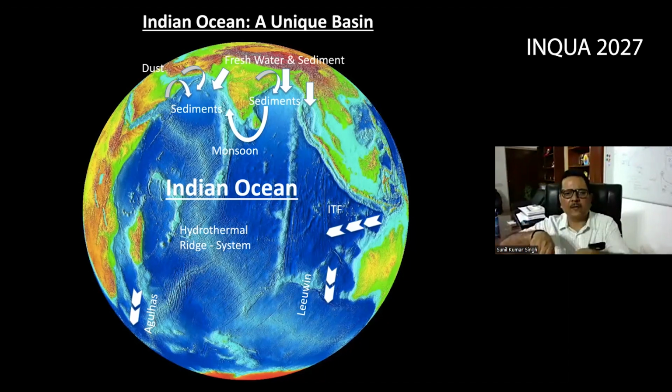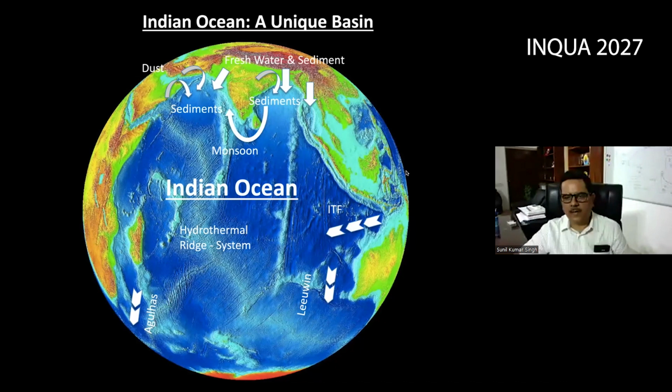And here again, oxygen supply from the southern sources is very low, so here also we have a low oxygen minimum zone, and that is getting aggravated by climate change, because temperature is increasing, acidification is increasing, and hence the oxygen is further going down. I'm not going to talk about that, but yes, because of this low latitude land boundary, a lot of things are happening, which I told you a little bit.